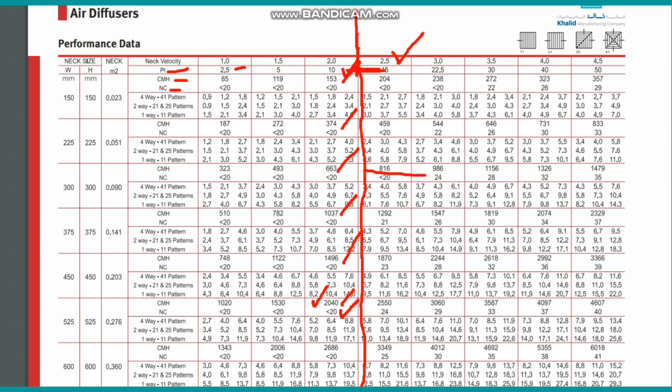So NC value is 20, which is really okay because, as I told you, 25 to 35 NC is acceptable. However, we have some difficulties now in deciding the sound power level here. Like I told you, this published data in the technical data sheet is based on the rigid duct. In the practical case we have volume control damper and flexible duct.